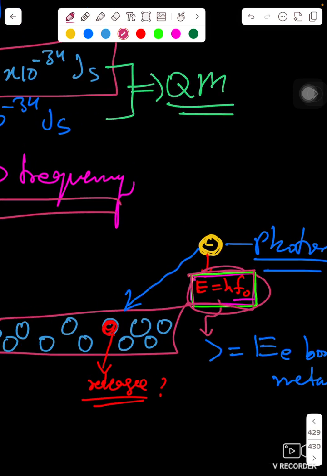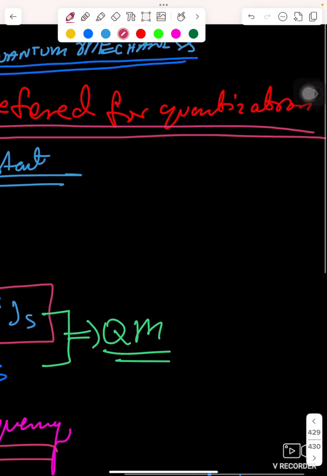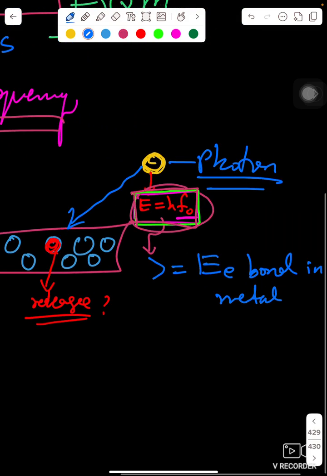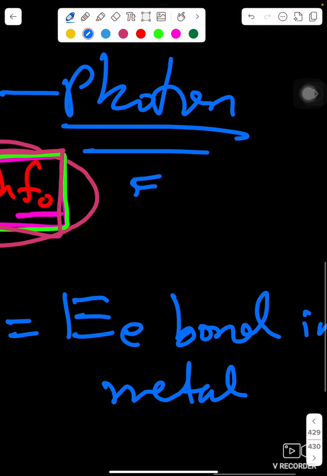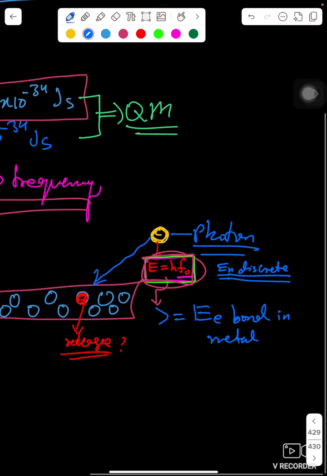For now, let's just stay with it being referred to as the quantization of light. Also, one more thing: quantization here proves that energy is discrete, because we don't get all values, we get only some values. This is the discreteness of light, or of particles in particular.